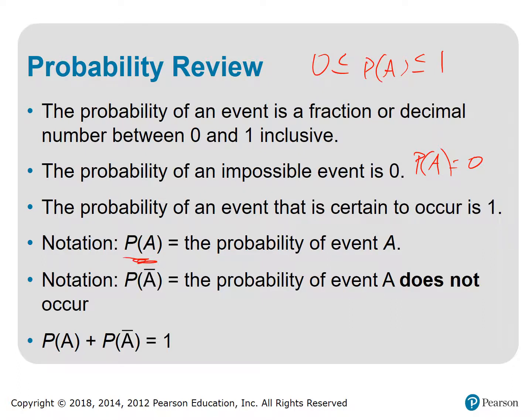P of A means the probability of an event A. P of A prime is the probability of an event A not occurring. And as we talked about before, some of the other notation is A prime or A complement. And of course, the sum of all the probabilities equals 1.